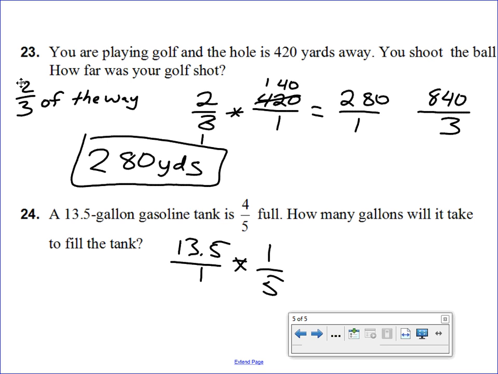In other words, we get 13.5 divided by 5. Everybody okay with that? So now we need to figure out how many 5s go into 13.5. And that's a classic example why sometimes kids think that of means divide.